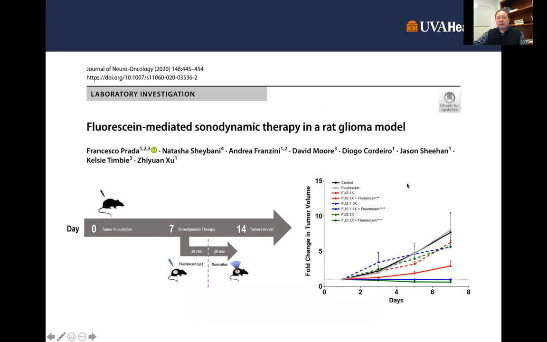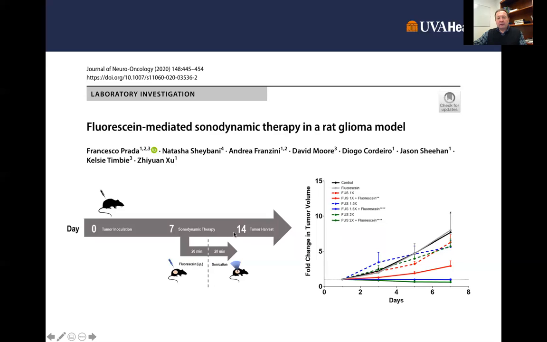Another study from the University of Virginia by Dr. Prada and others shows that certain chemicals known as sonosensitizers can produce reactive oxygen species when exposed to ultrasound energy and cause cell death in nearby cells and tissue.